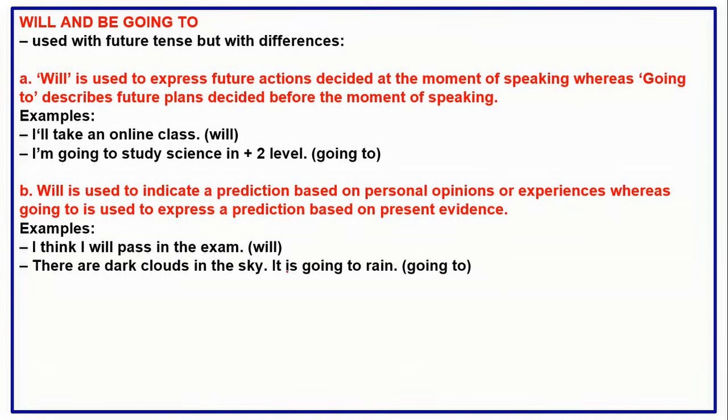But there are dark clouds in the sky, it is going to rain. See the difference. You have got present evidence, proof in the present. Dark clouds are there in the sky, therefore you can say it is going to rain. So you make the judgment about the future based on the present evidence. So this is where we use going to.